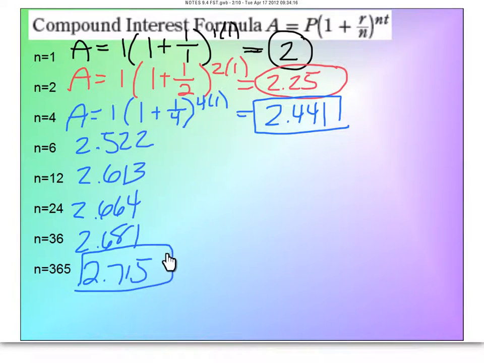You'll see these values. Now what you might notice is from once a year to 2 times a year, we made 25 cents more. And in the next group, it went up quite a bit. What it starts to do is it still goes up, but it's slowing down at the rate at which it's going up. It's starting to approach a certain value, and the increase is not as dramatic.